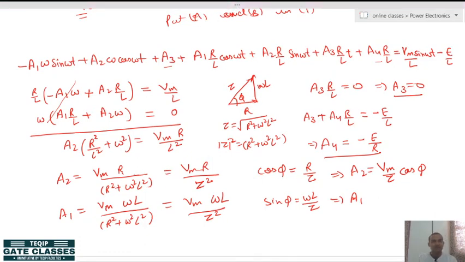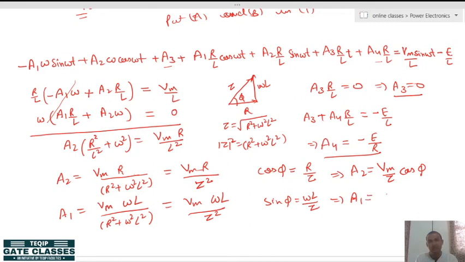Okay, so we have got a1, we have got a2. Let's calculate a1 again here. So a1 is equal to a2 upon omega r by omega L, and a2 is Vm r upon this. Yes, it's Vm omega L upon z square. So we get sin phi is equal to omega L by z.